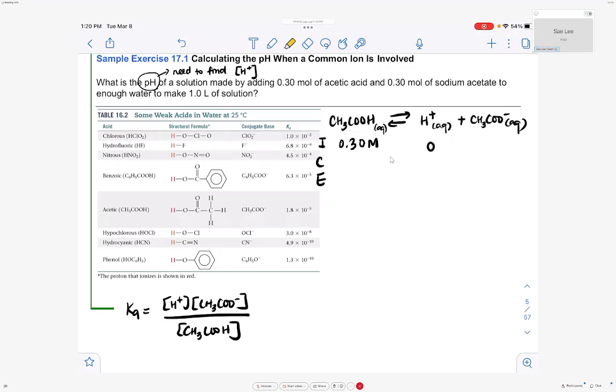The dissociation of sodium acetate will be responsible for this concentration of the acetate anion. Because you had 0.3 mole of sodium acetate, you also have 0.3 mole of this acetate anion to start off.